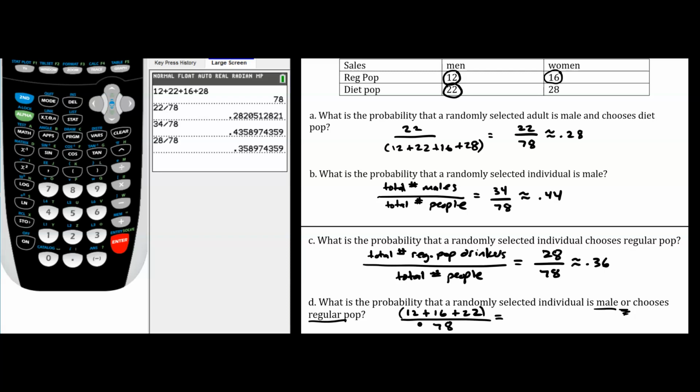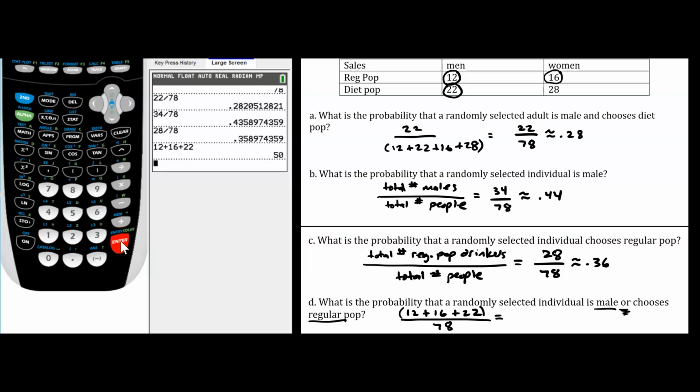And so if we add 12 to 16 to 22, we end up getting 50. And so 50 of the people at this restaurant are males or regular pop drinkers. So let's do this, 50 divided by 78, and we see that we get a number of approximately 64%.